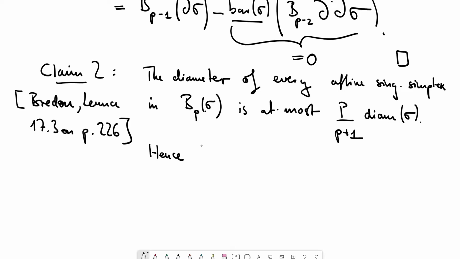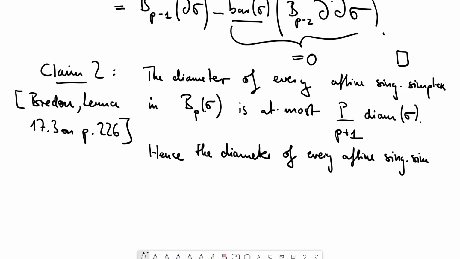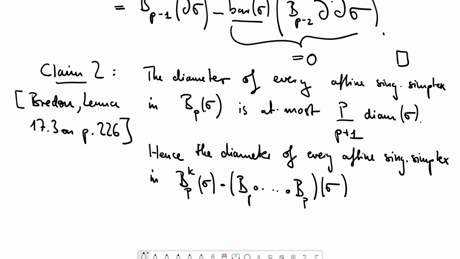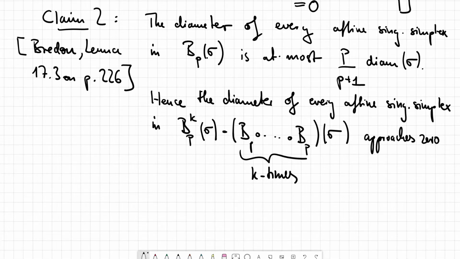Hence, the diameter of every affine singular simplex in the linear combination given by the k-fold application of b_p, so b_p applied k times, approaches 0 as k goes to infinity.